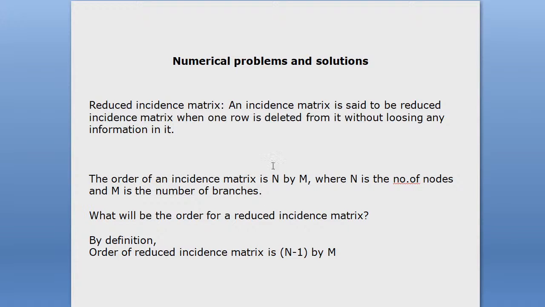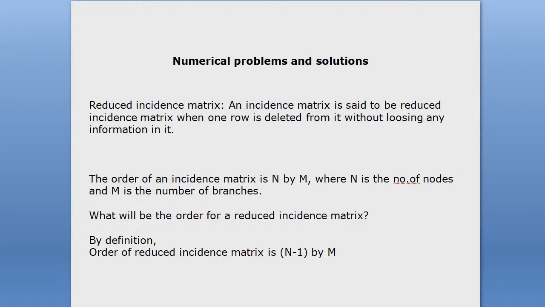So you see the number of nodes is N, the number of rows is N. Therefore the order of reduced incident matrix will be N minus 1 by M.